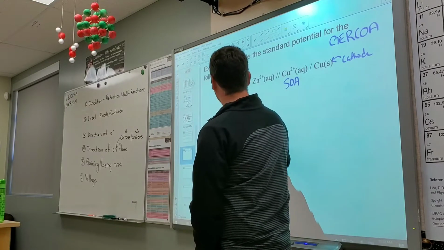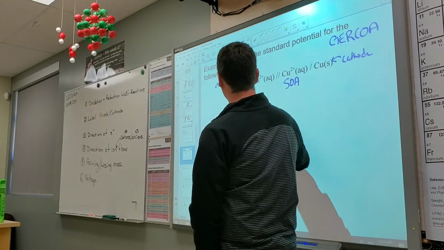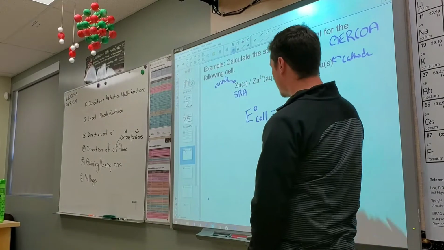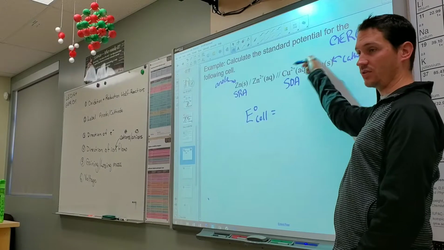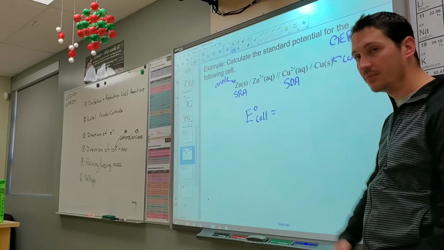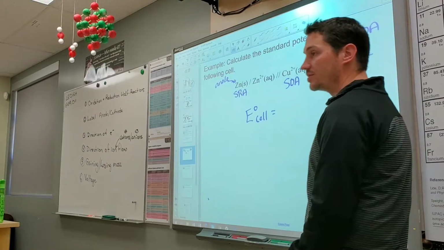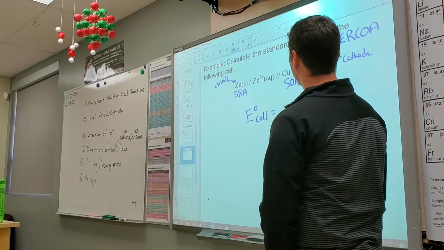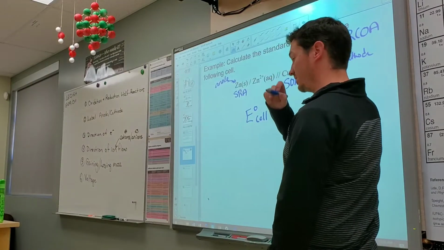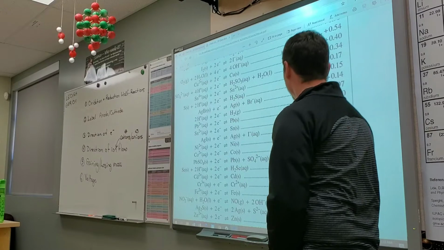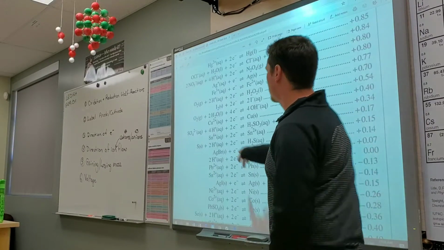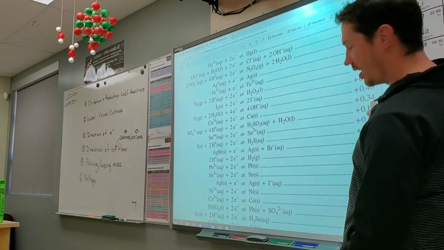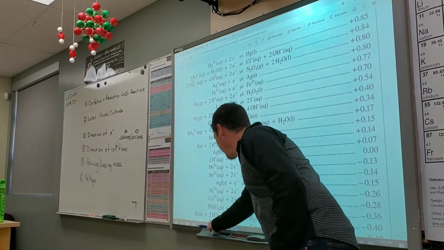And what did we say? The electrical potential energy of the cell is cathode minus anode. So what's this standard potential that you see in the diagram? Plus 0.34. You look at the chart, and let's look at the copper, and so it's positive 0.34. And then you do minus.